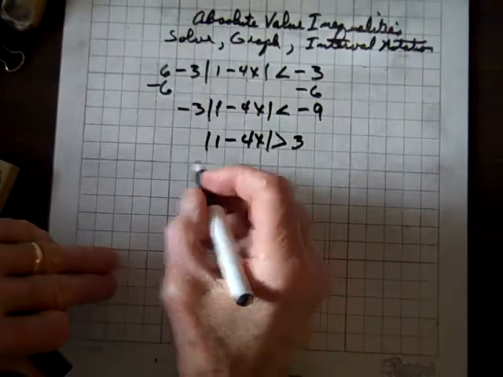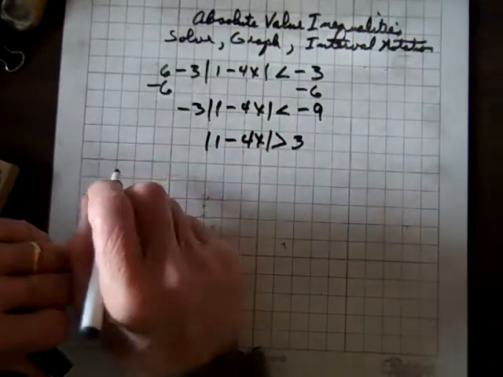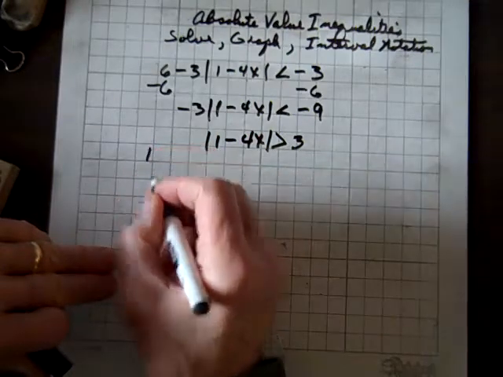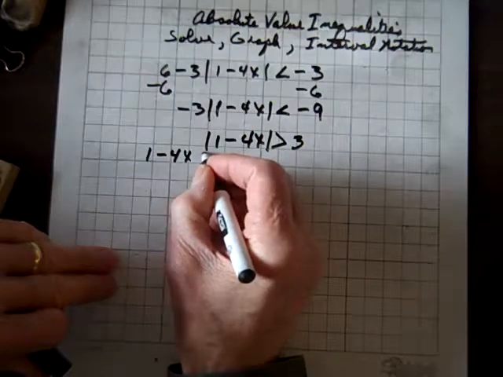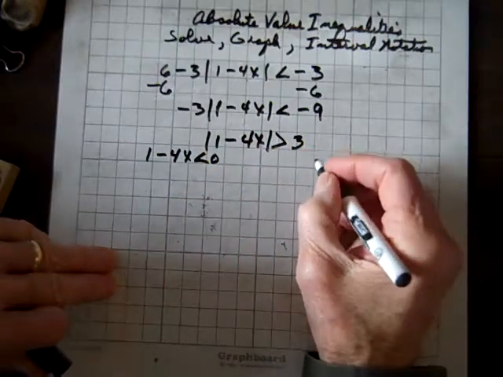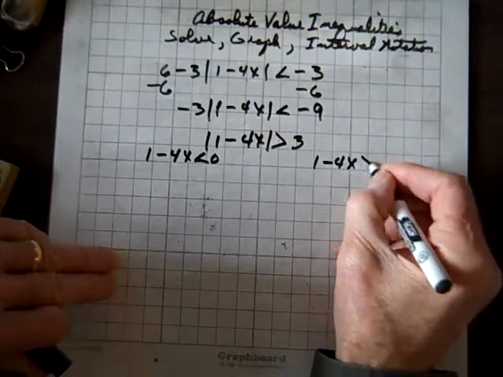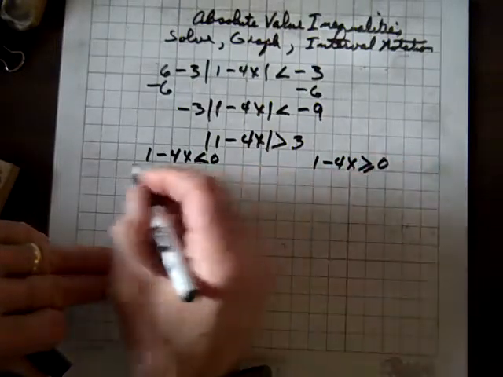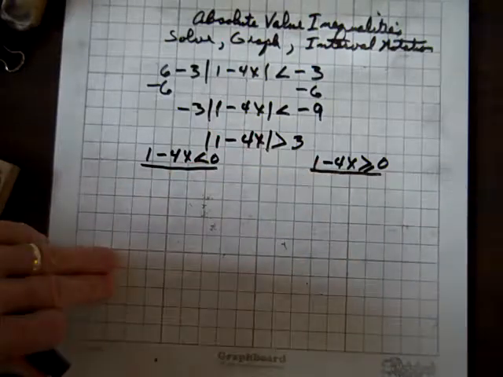So we've got a two-case thing here. And so we have the case where 1 minus 4x is less than 0, or 1 minus 4x is greater than or equal to 0. Those are our two cases, and they enable us to dispense with those absolute value bars.